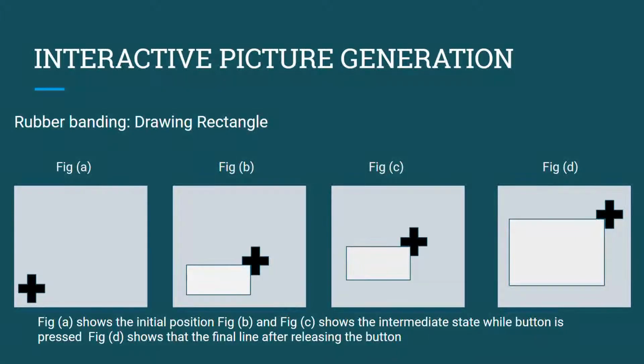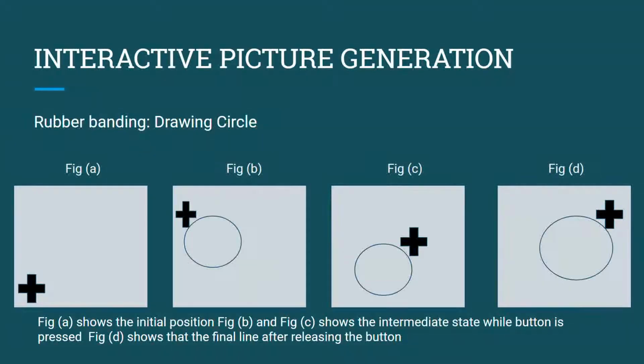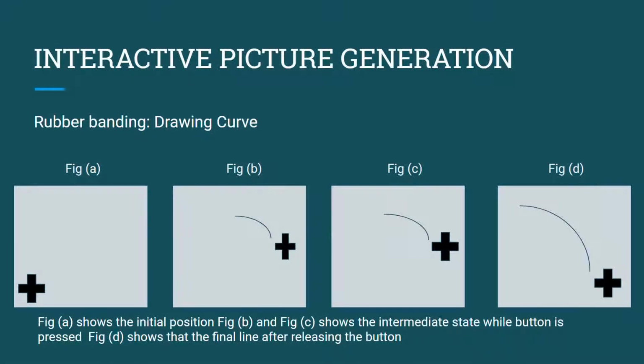Here we started with the bottom left corner, and then we draw a rectangle, and then in figure D we can see the final output. Same goes with the circle, so we are drawing the circle, and then figure D shows the final output. Same goes for the curve.